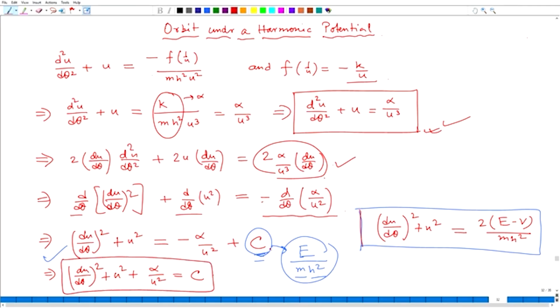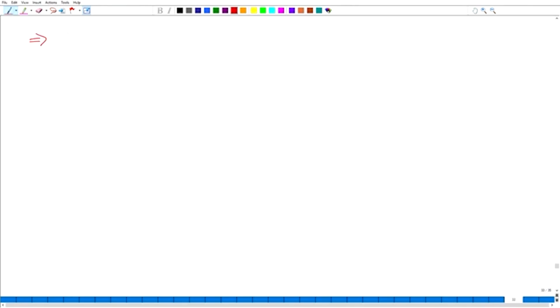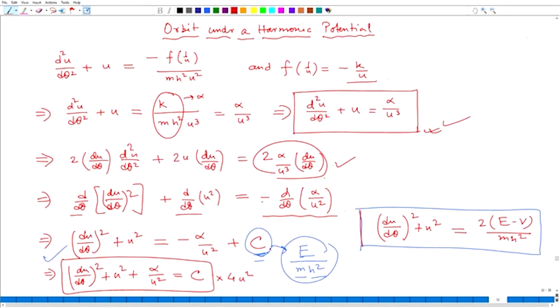With this equation, I can multiply 4u², and if I multiply it, I will find 4u² (du/dθ)² plus 4u⁴ is equal to minus 4α plus 4C u². This you can easily see from this equation.